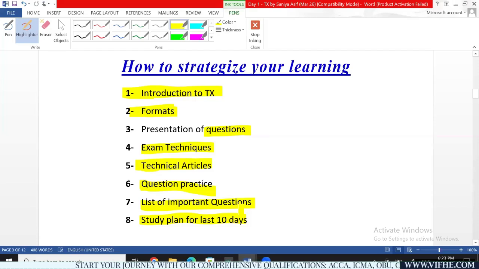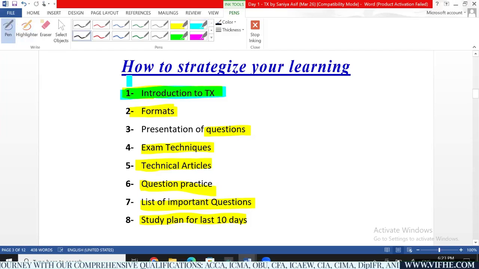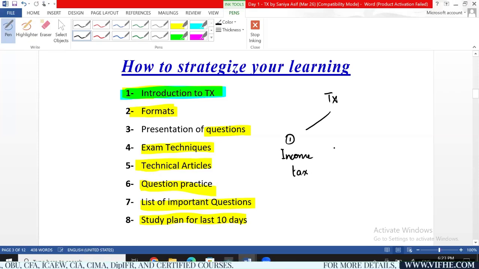Okay, so first of all, let me emphasize the syllabus of your taxation. In your syllabus of taxation, the majority of chapters are found over the concept of income tax. This is the most important topic of your syllabus.